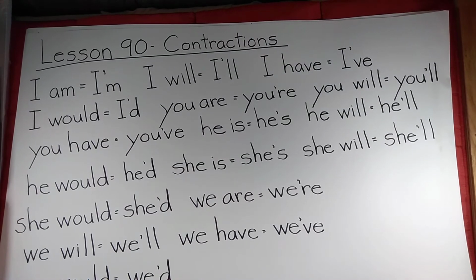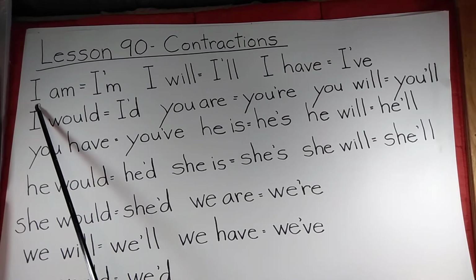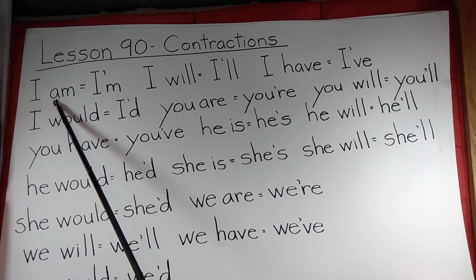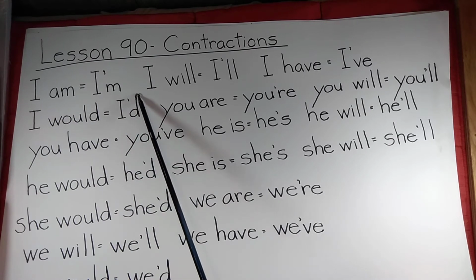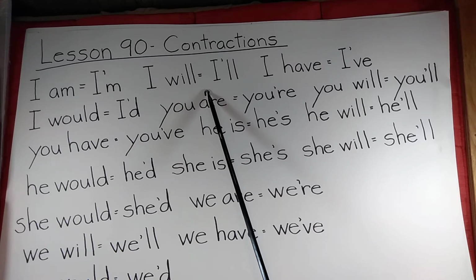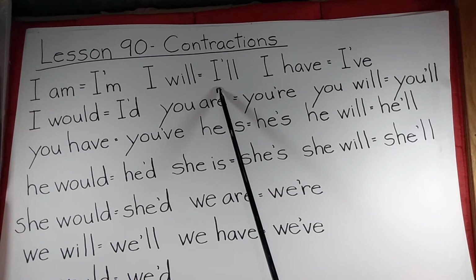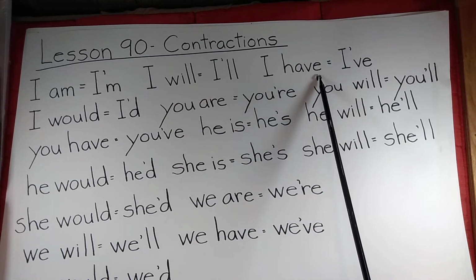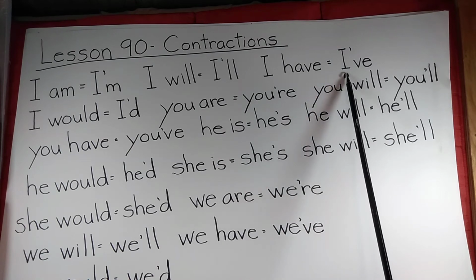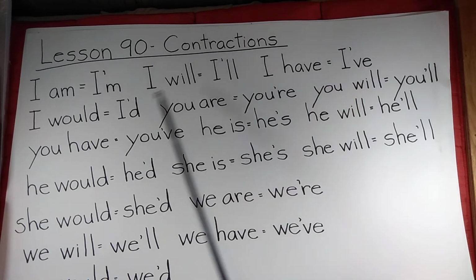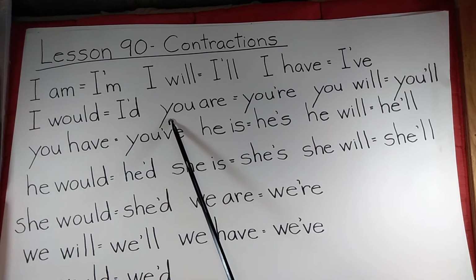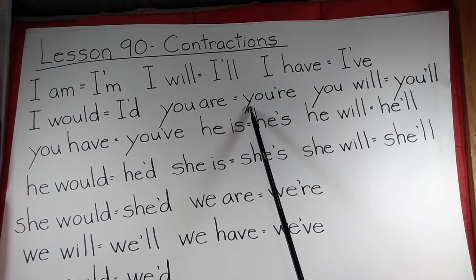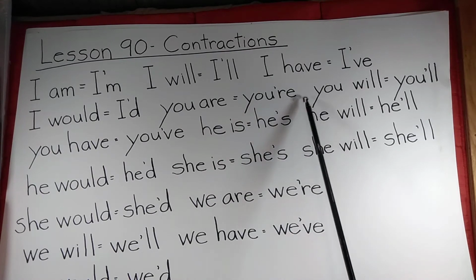Now we start into our contractions. And students, say these before I do. I am equals I'm. I will equals I'll. I have equals I've. I would, I'd. You are, you're.